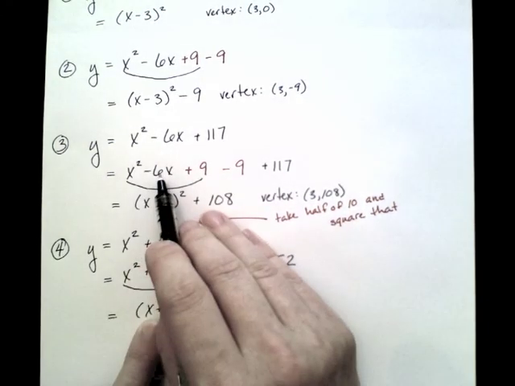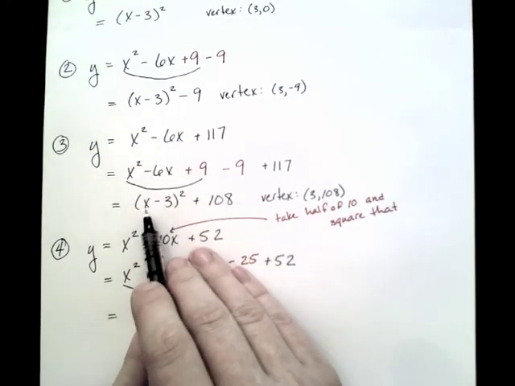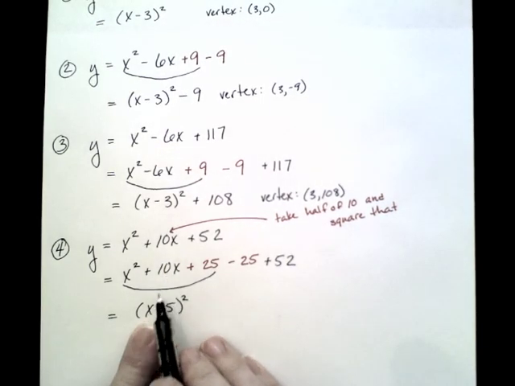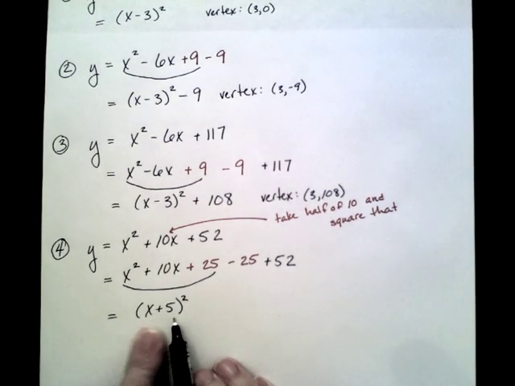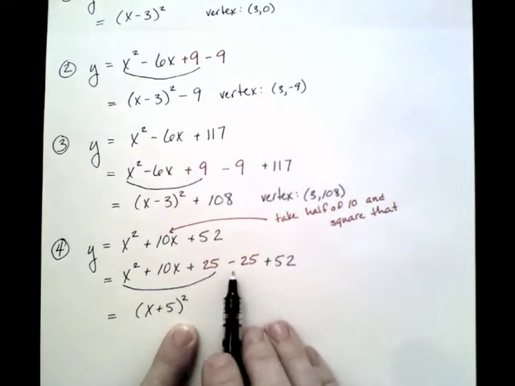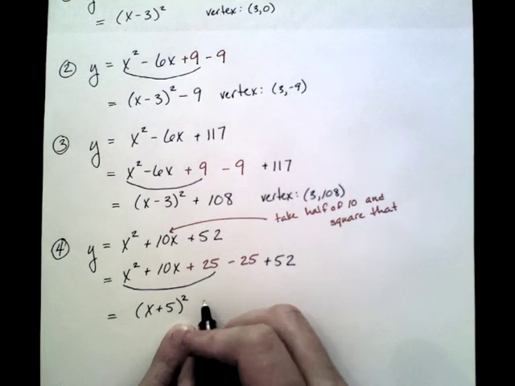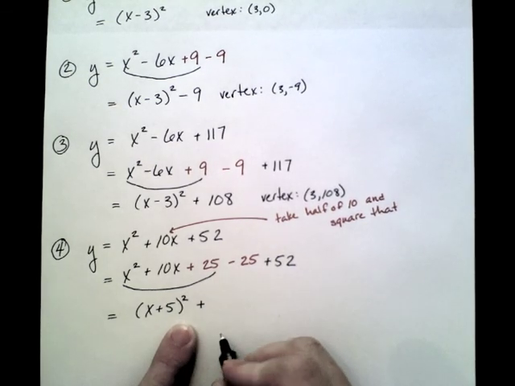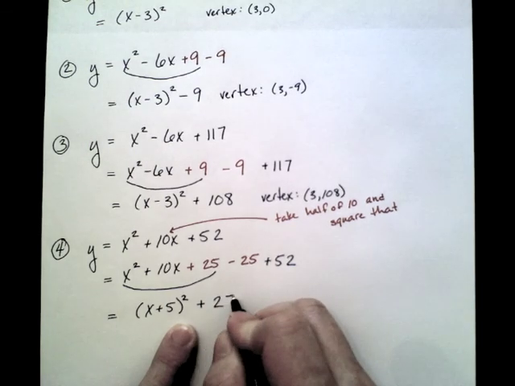Here we took half of -6 and ended up with x minus 3. Here we take half of positive 10 and end up with x plus 5. I'm not finished on this line yet, though. I need to combine my like terms here, and I end up with x plus 5 squared plus 27.